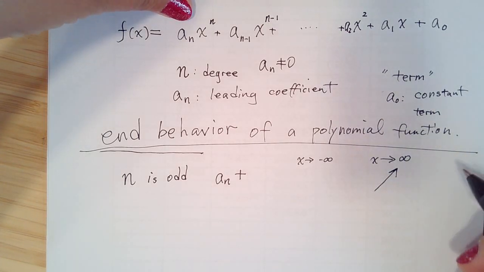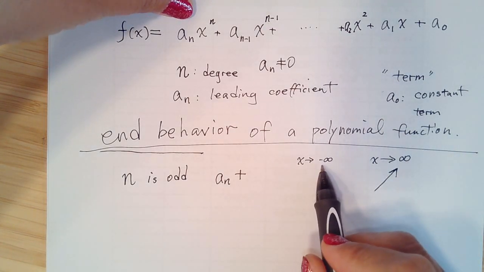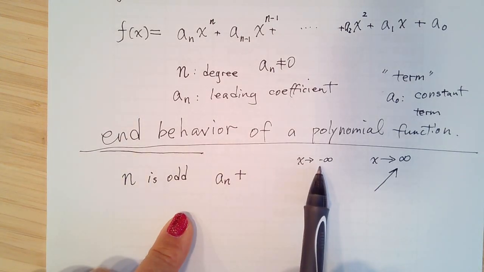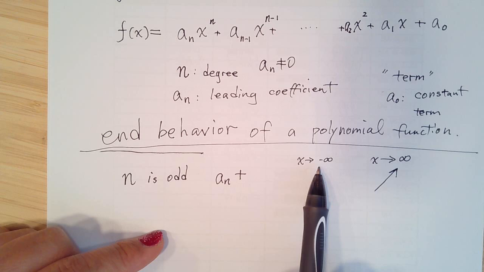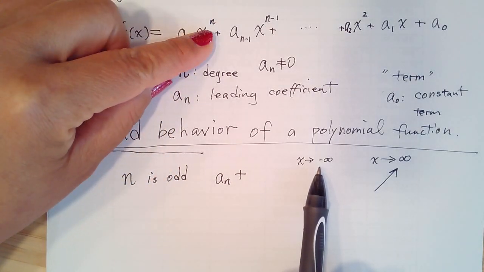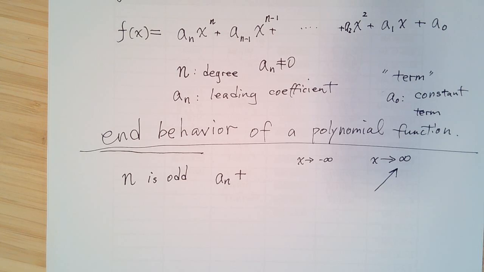So when x goes up, you're going to have something that goes huge. Now when x is a negative number, this is the tricky part. When x is a hugely negative number, let's say negative a million or maybe a billion, and n is odd, let's say n is 3, a very, very negative number to the third power: negative, negative, negative, you get a negative, right? And it's going to be a large value, in terms of absolute value, it's going to be big.